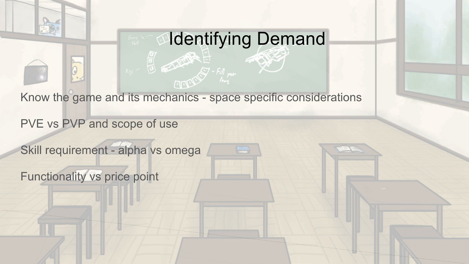Now, a pretty stark example of this would be things like, let's say, plus 5% hardwiring modules. So what are those exactly? Those are basically implants that give you a 5% bonus on a particular attribute.